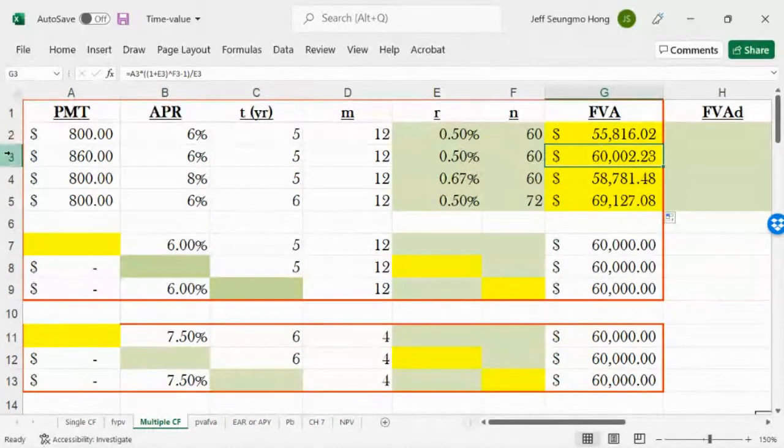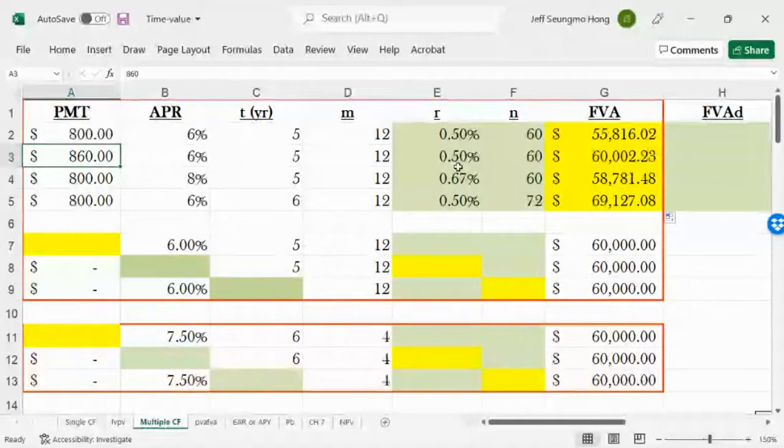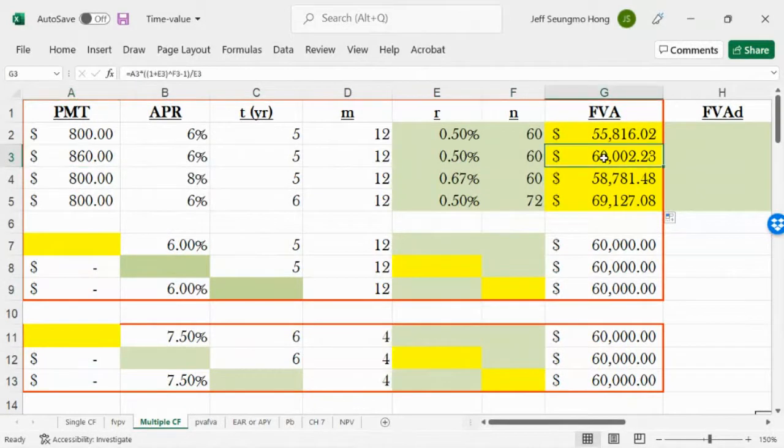So first, if you deposit 860 every month, oh yeah, you made it. But you overshot the goal. There's no harm, but you just barely overshot it by $2.